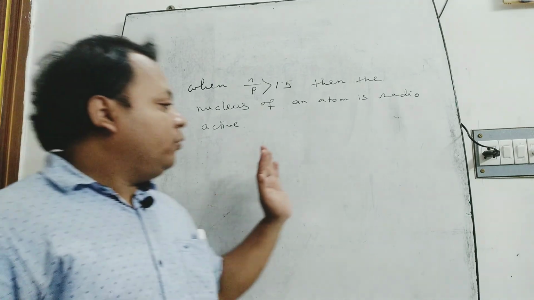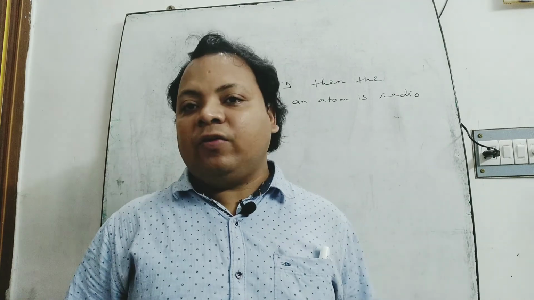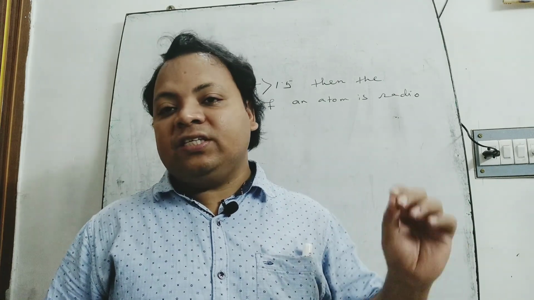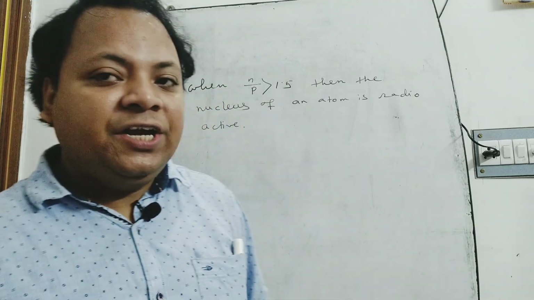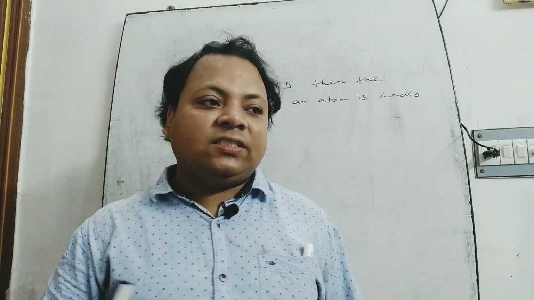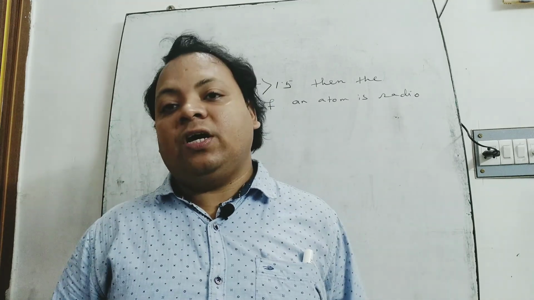There are three types of radioactive rays. One is alpha. Alpha is mainly the alpha particle, which is the nucleus of a helium atom. It is a positively charged particle. And the beta particle has a mass and charge similar to those of the electron.